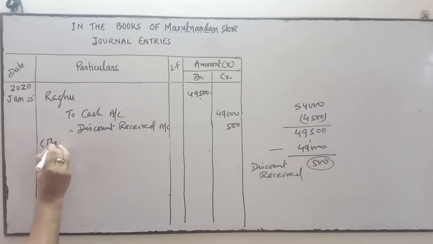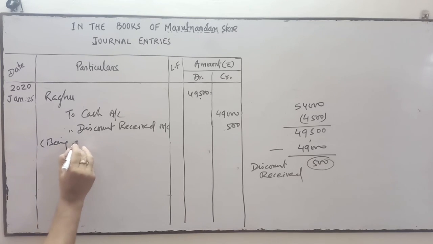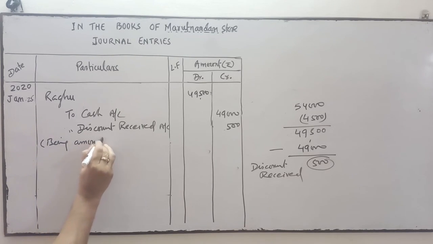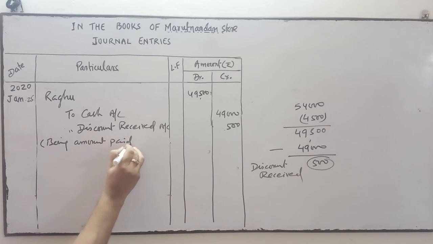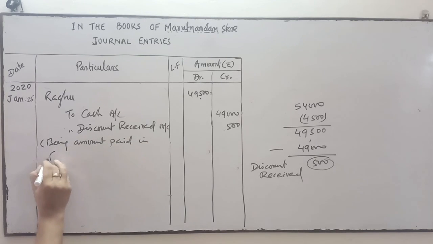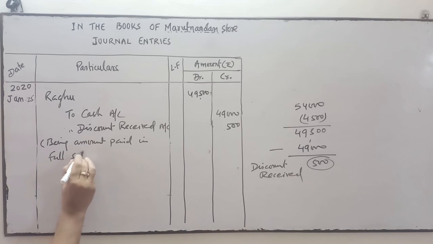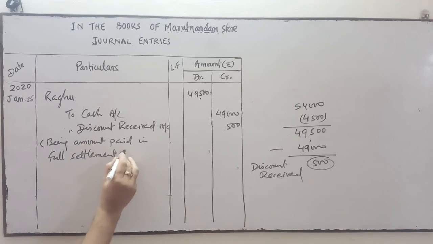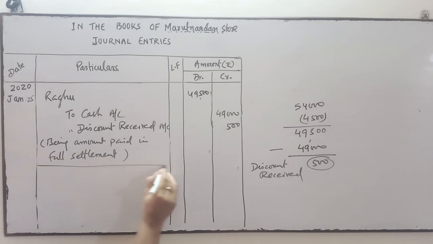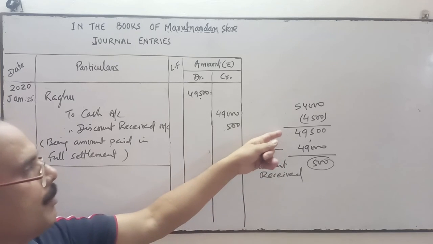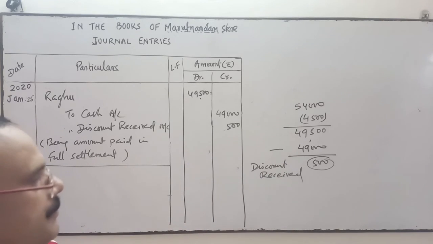So narration will be, being amount paid in full settlement. So 49,500 is the amount due, but we have paid 49,000 in full settlement.